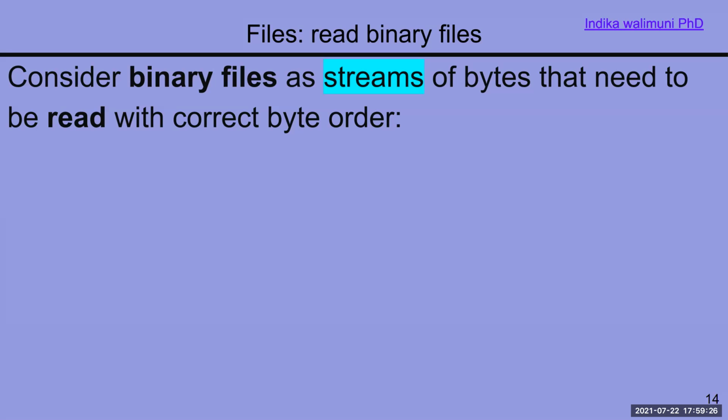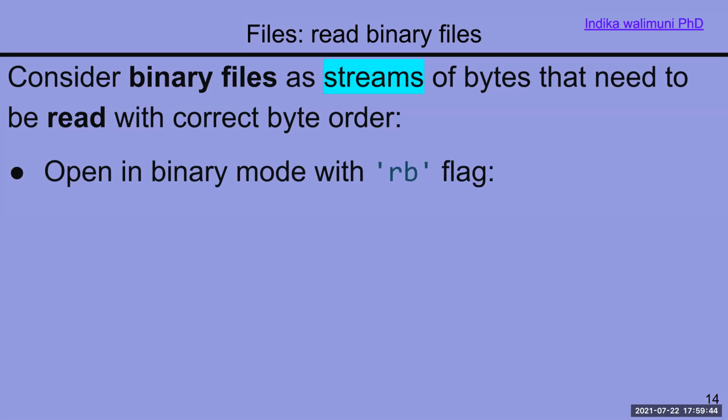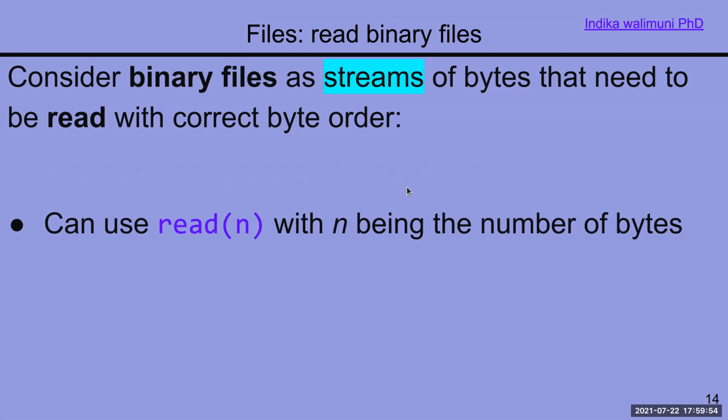So for these streams, we need to apply the correct byte order when we write or read them. Opening for reading in binary mode is rb, and then we can use the read method. Here n is the number of bytes that we're going to read.